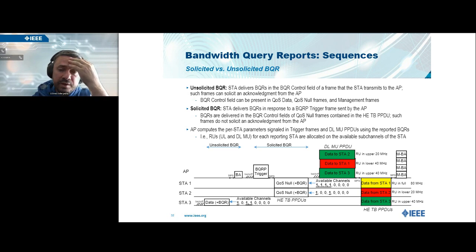And with that information, the access point uses it so that the data to station 2 are being sent on an RU that was indicated as idle by station 2. And similarly, the data to station 1 is being sent to an RU that is idle, and same thing for the uplink. So these bandwidth query reports are being used by the access point to send data and solicit data from the stations in sub-channels that are idle.